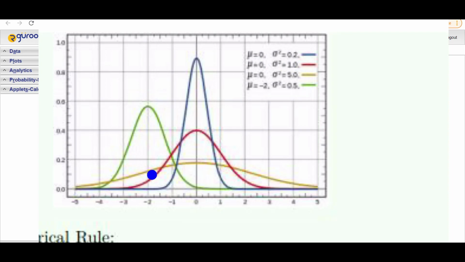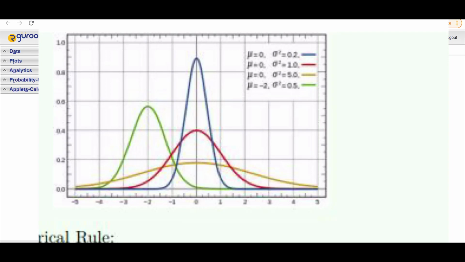Let's look at this red one. See how the difference is? The top of the graph has gone down, and it is definitely a wider graph. Keeping it at 0, but then having the variance go out all the way to 5, look at that. That's this yellowish curve. Look how spread out that is.